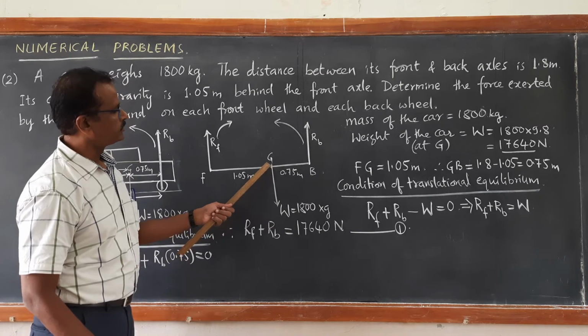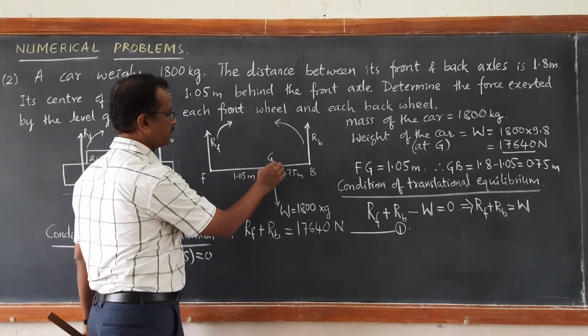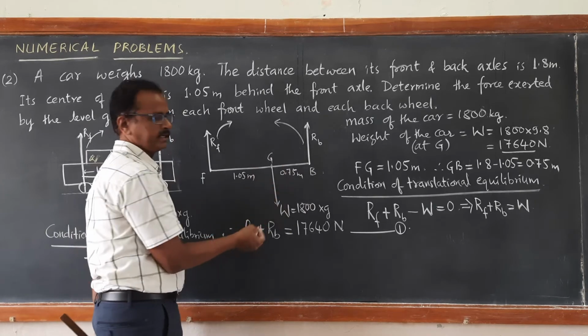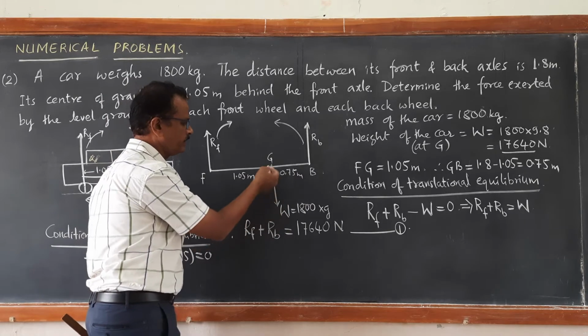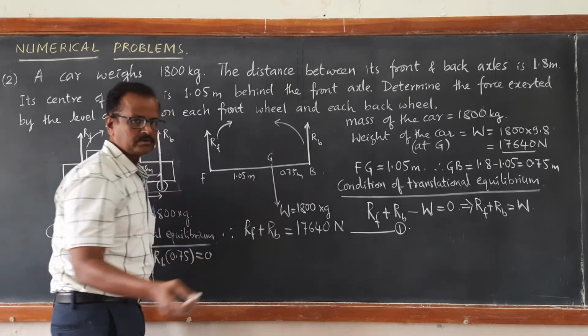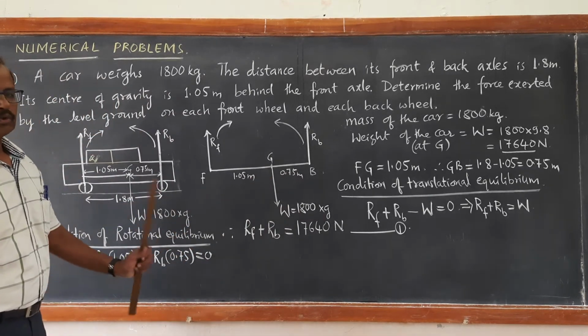The moment about the center of gravity due to the weight becomes 0, because the distance between the center of gravity and the weight is 0. Therefore, only two moments are active, only two torques are active.